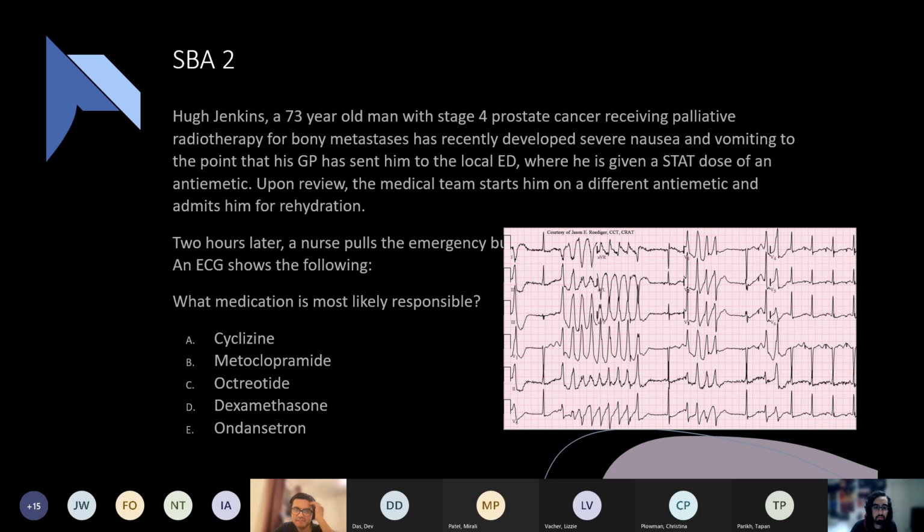This is a fun ECG. If anyone's not answering it, you can say what you think the ECG is in the chat. So what does this ECG show?